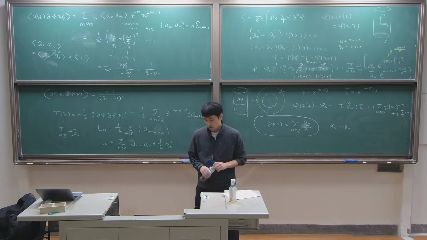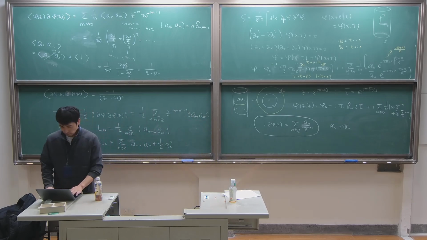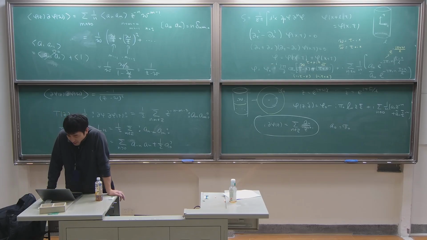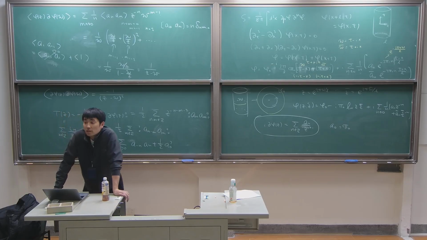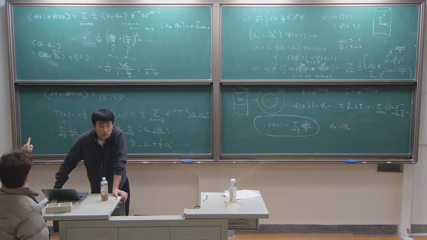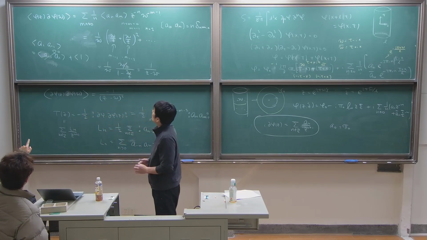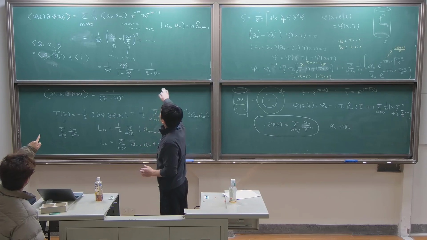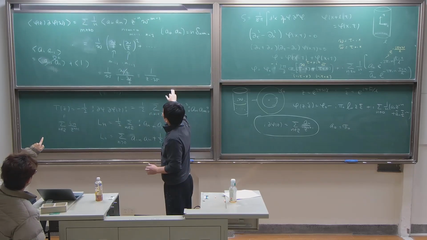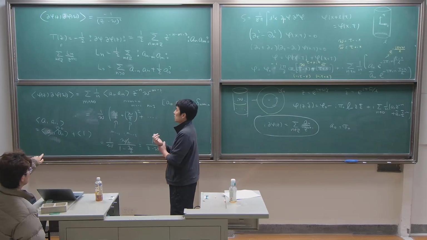Okay, so, which one? Oh, where? The upper formula means the zero mode and phi_0?